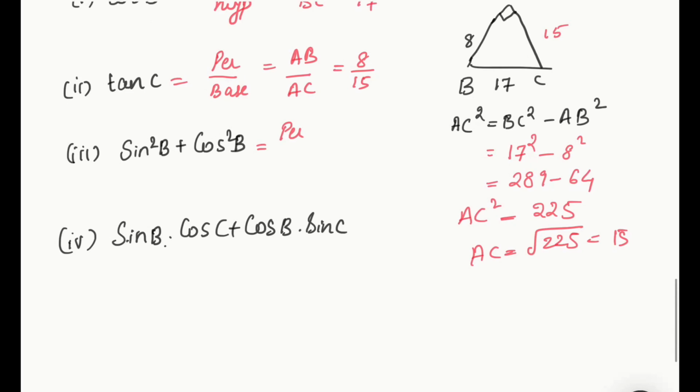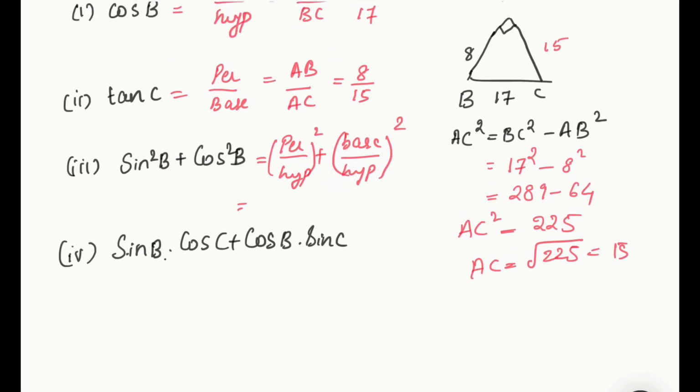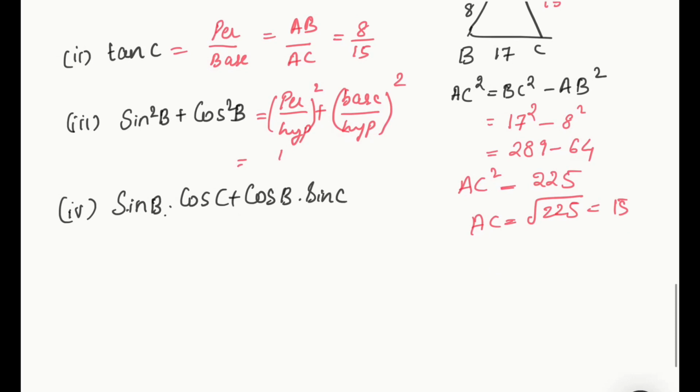Sin square B plus cos square B. Sin square is perpendicular by hypotenuse whole square plus base by hypotenuse whole square. So for this given figure, sin B, what is the perpendicular here? 15. So 15 by 17 square plus base will be 8 by 17 square.